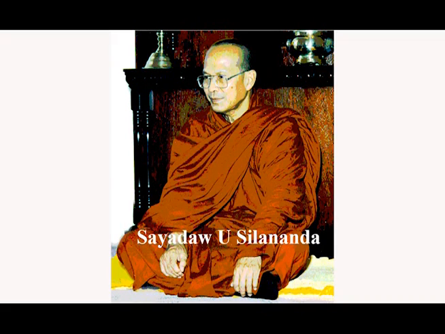Form jhana: only after attaining form jhana can one attain formless jhana. So you have to go from form jhana, first, second, third, fourth, fifth, and then to the first, second, third, fourth of the formless jhana.